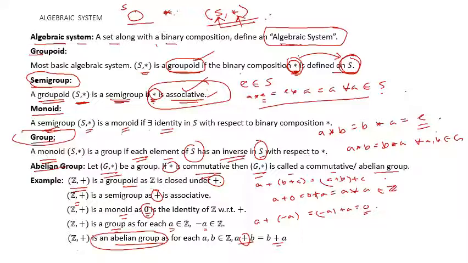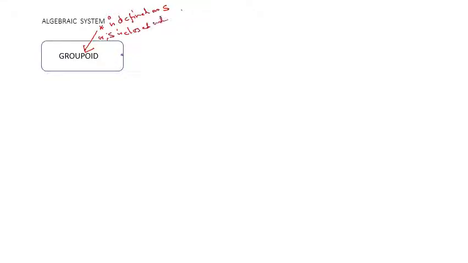আমরা এই যে বিভিন্ন অ্যালজেব্রিক স্ট্রাকচার কিভাবে তৈরি হচ্ছে এর একটা ভিজুয়াল ডিসপ্লে এখানে দেওয়ার চেষ্টা করেছি। Suppose we consider a groupoid. Groupoid means a property is already there in the groupoid, that means this binary composition star is defined on S, or S is closed under star.